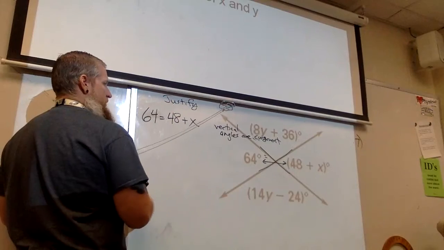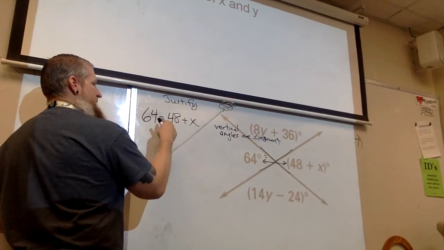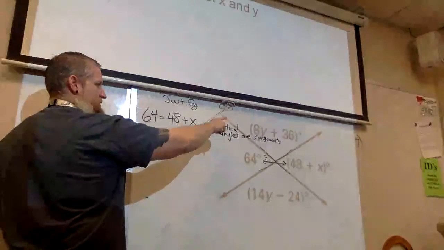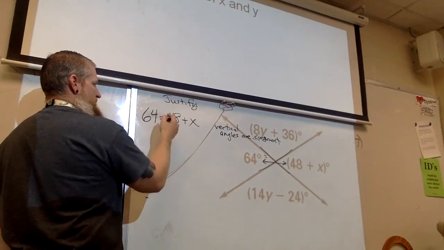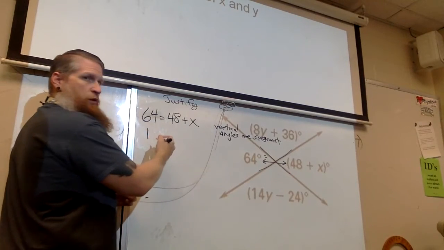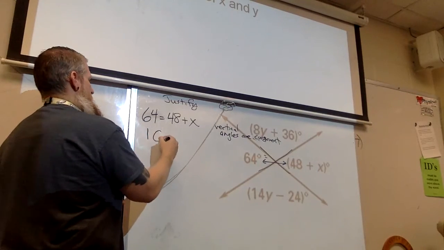So it's a good habit, at least in your head right now, to think, hey, I set this up because those two angles are vertical angles, and I know vertical angles are equal to each other. And like you said, you subtracted the 48, you got what? 64 minus 48 was? 16.